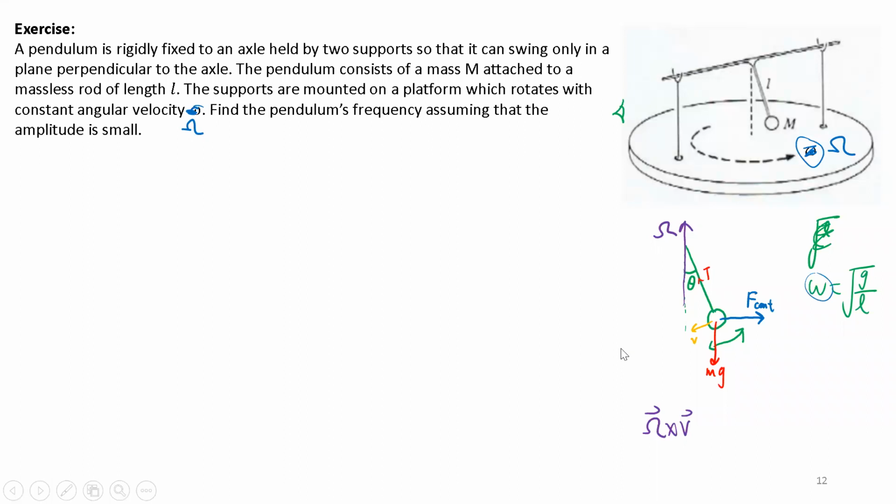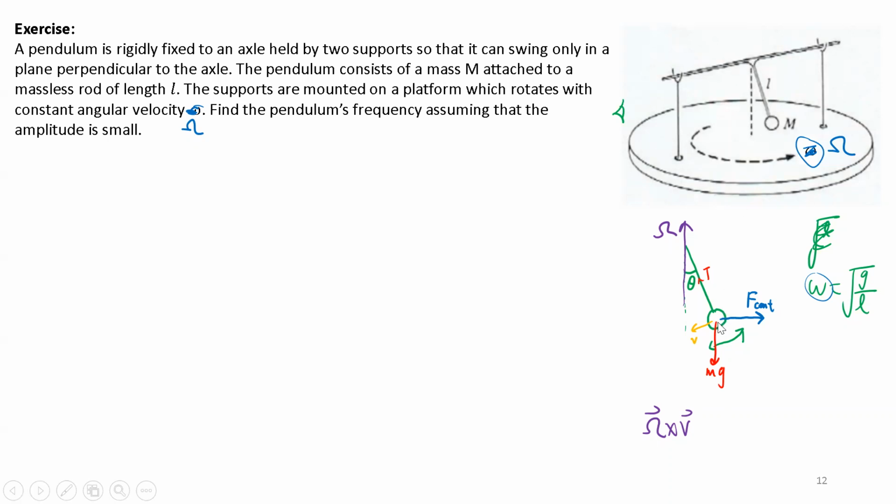So there is indeed a Coriolis force acting on the pendulum, but it is not really going to affect its motion. Because of the setup that I have here, it does not allow this mass to go away from this plane, since this is a rigid body.